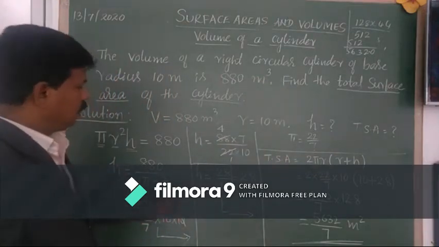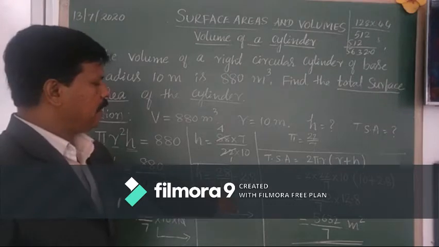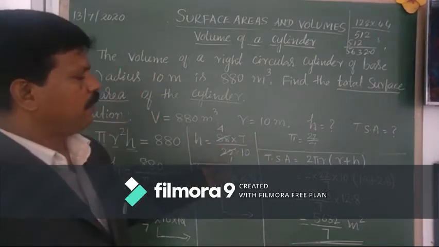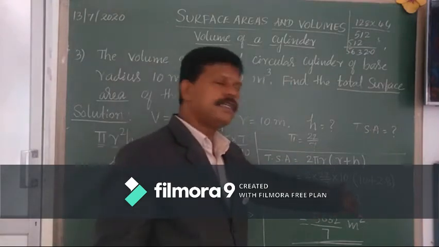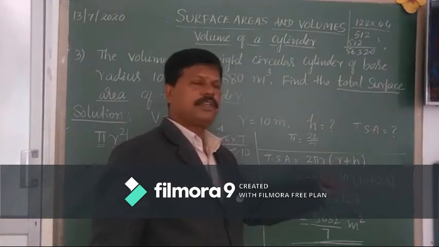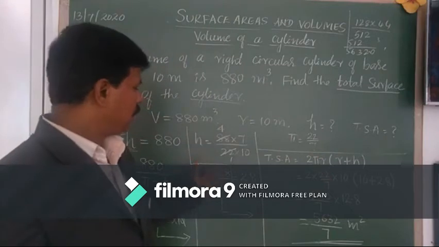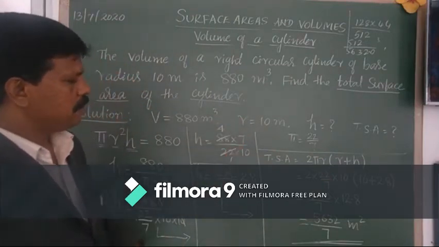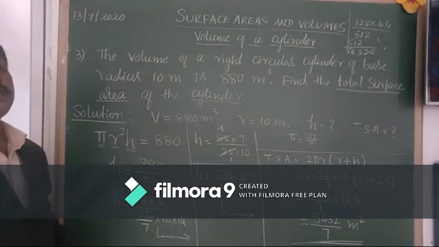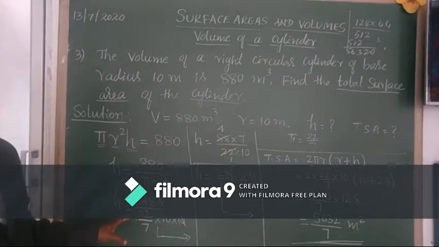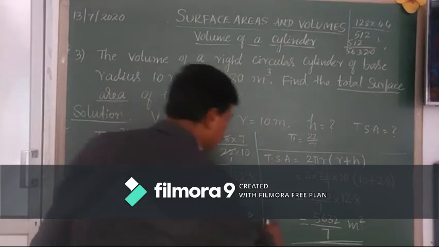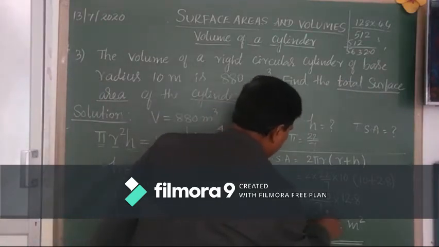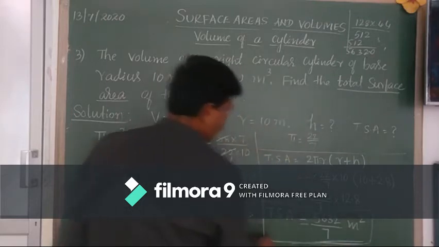So that's why I have taken here 28 by 10 and here 2.8. So whichever is suitable, if it is, for example, divisible by 7, then you can write it as 28 by 10. Clear? So based on that, you can convert the final answer. Clear? So this is the total surface area of the given cylinder.